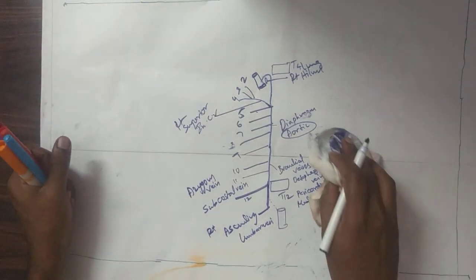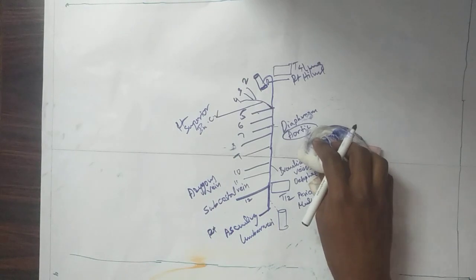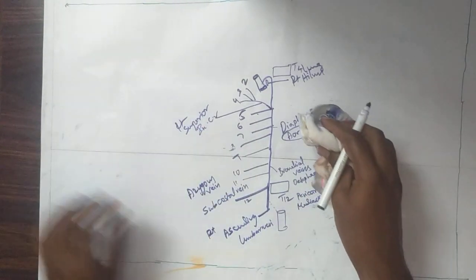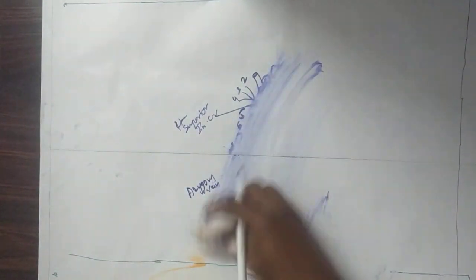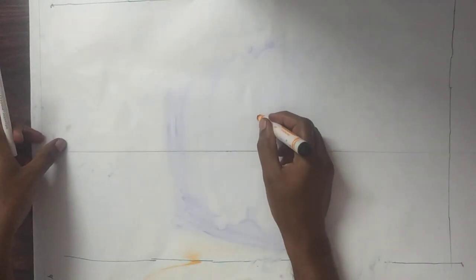So here we have some relations of this azygos vein. So what are they? We'll look into that. As I said, this is related with your anterior part, or you can say vertebrae.